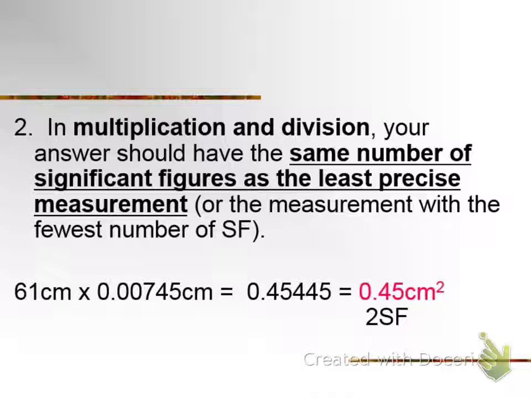In this case, we have 61, which has 2 significant figures, and this has 3 significant figures. So our answer is going to have to be in 2 significant figures. So we do our multiplication, and then we get this answer right here, and in order to put it to 2 significant figures, we do 0.45, and then our unit would be centimeters cubed because we multiplied a centimeter times a centimeter.